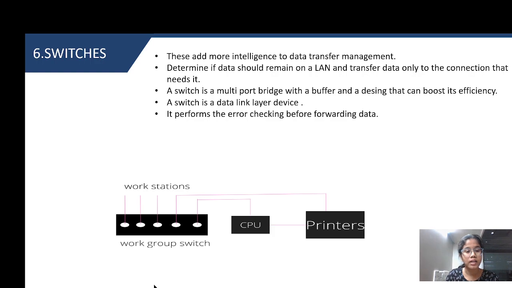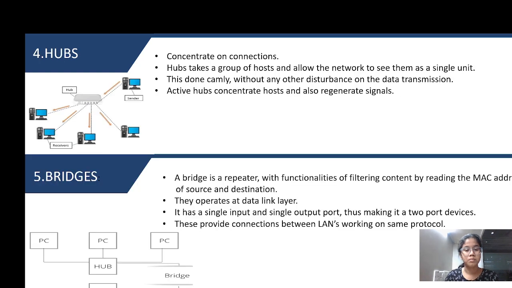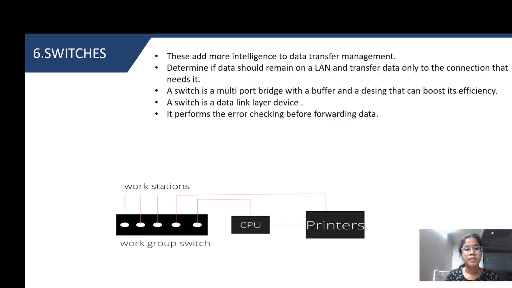Here you can see a switch with different ports, so it is known as a multi-port bridge. A switch is a data link layer device, as the bridge is also a data link layer device. It performs error checking before forwarding the data. Here you can see the working of the switch, CPU and printers.